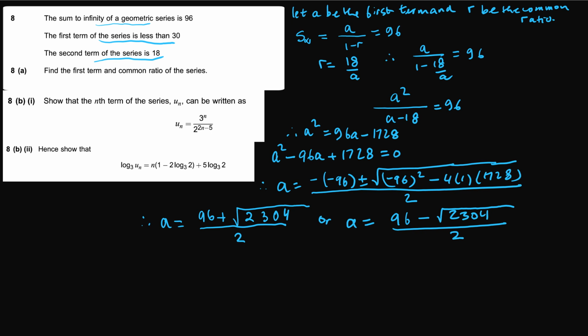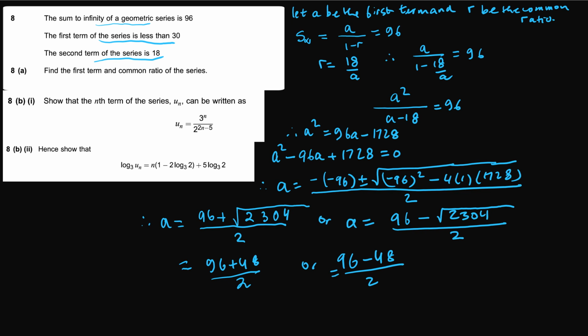So then I can write a equals 96 plus 48 over 2, or 96 minus 48 over 2.